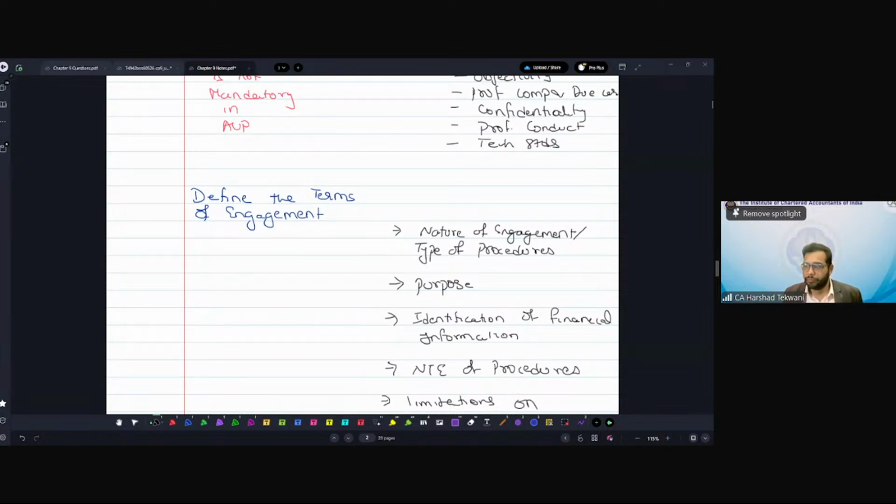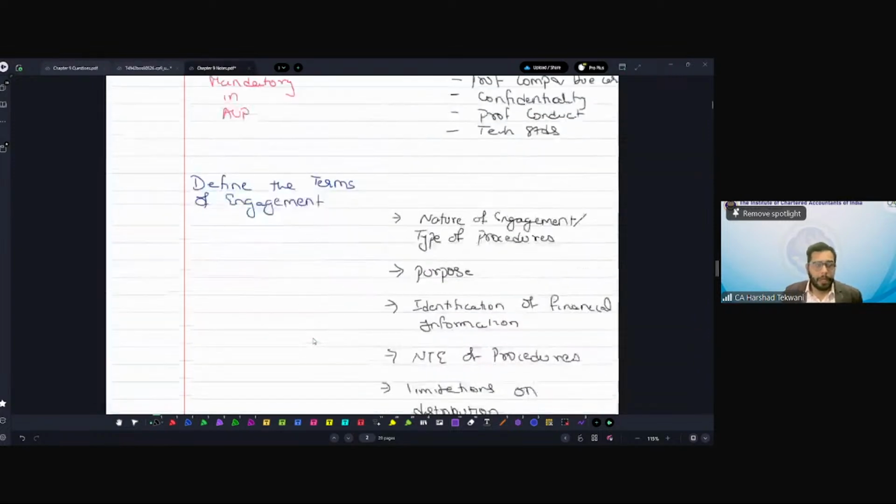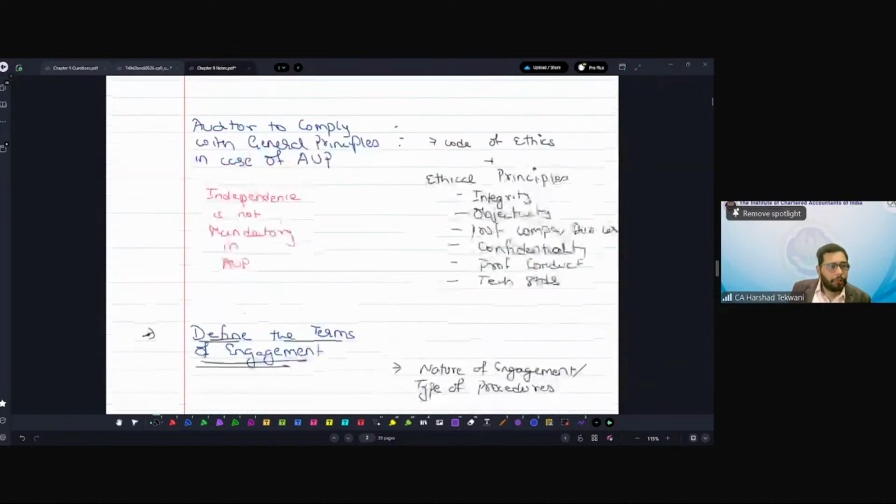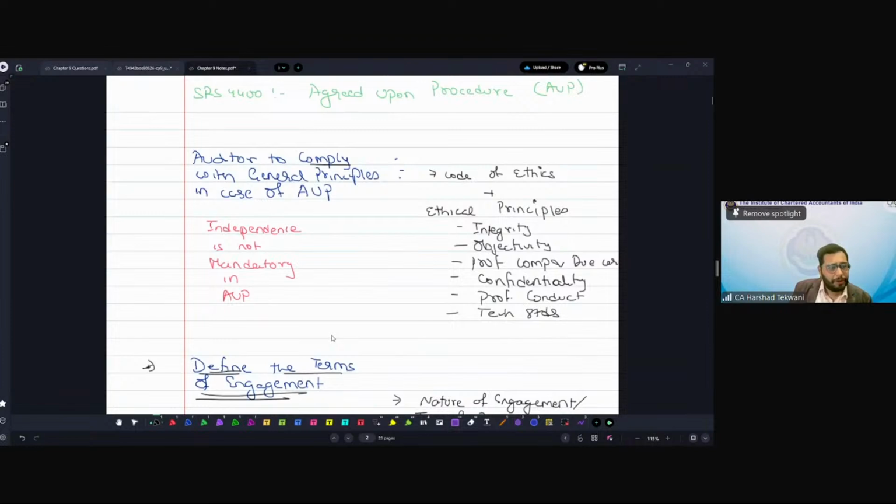Okay, now that was defining the terms of engagement. Very important. We discussed complying with the general principles.